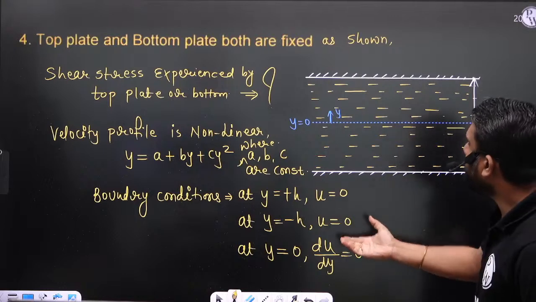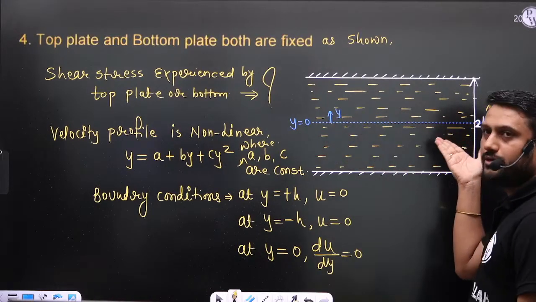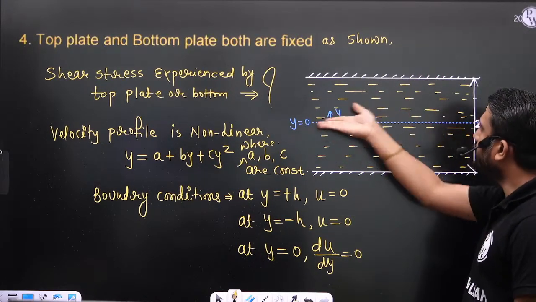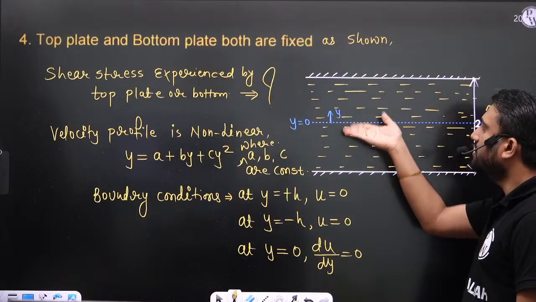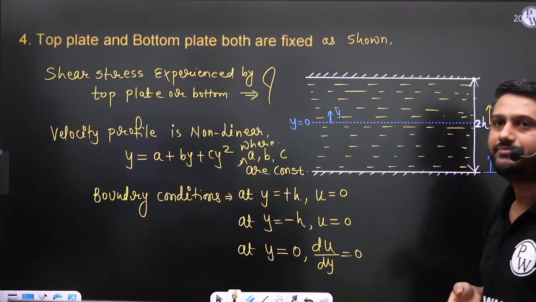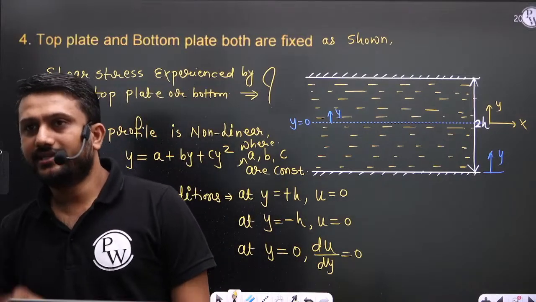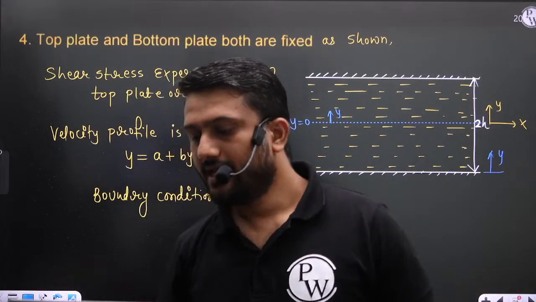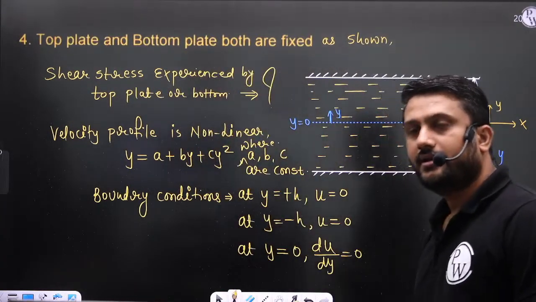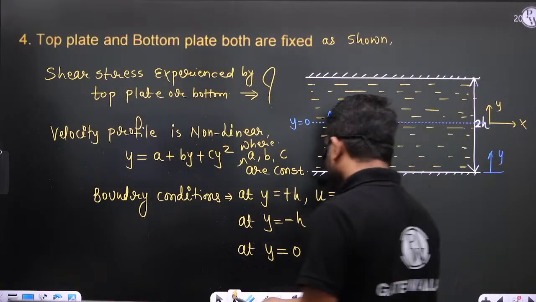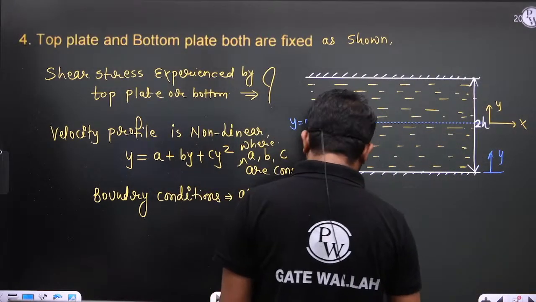This is the advantage. We know that at y is equal to 0, because this problem is symmetric about this axis, du by dy is 0. Is it clear?